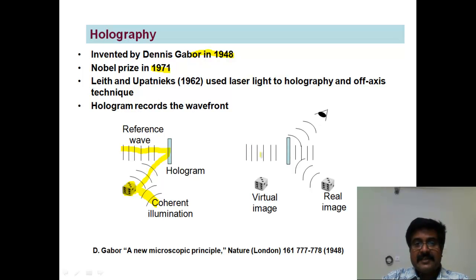Illuminate with the exact reference wave, so that the light gets diffracted from this hologram plane and the waves converge in various directions and form a virtual image and a real image. This is the virtual image and this is the real image.